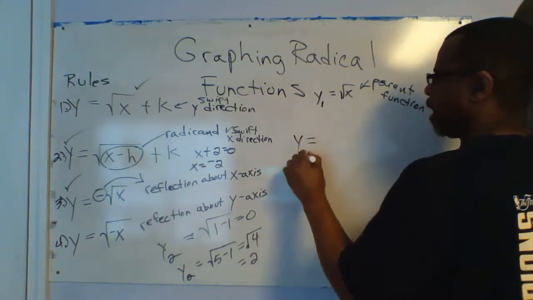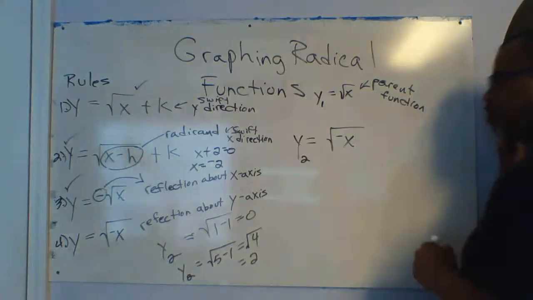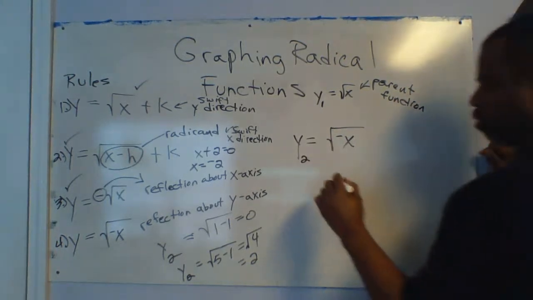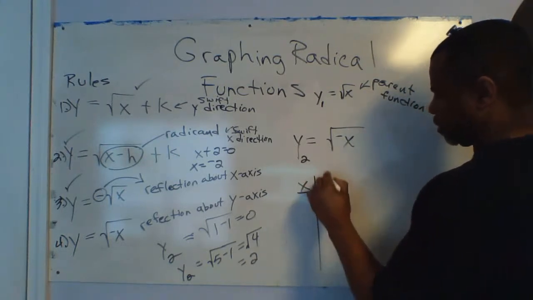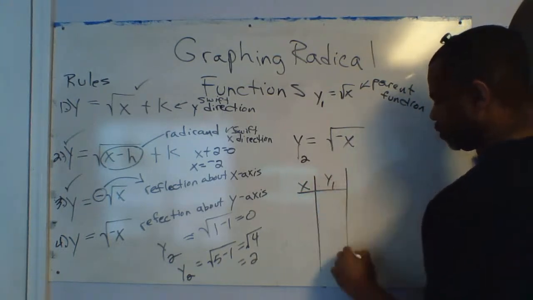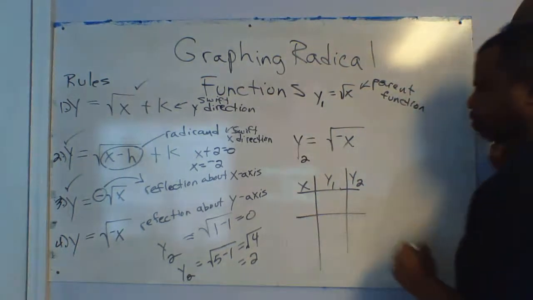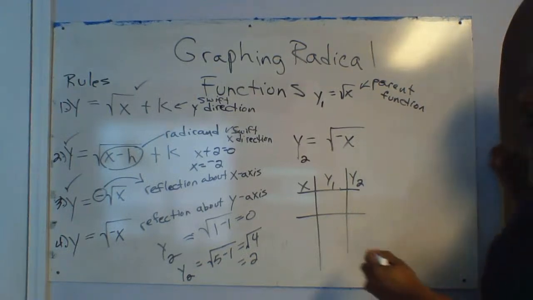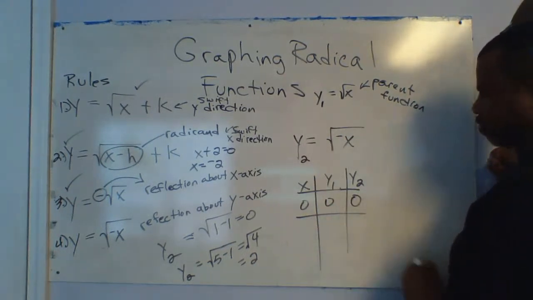So there's y2, and we have a negative up under the radical. We want to do x, y1, and y2. We can put 0. This is 0. This is 0.